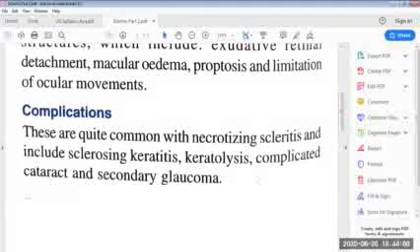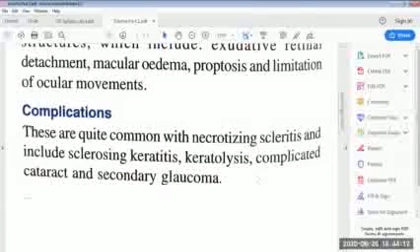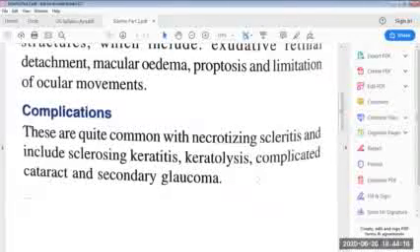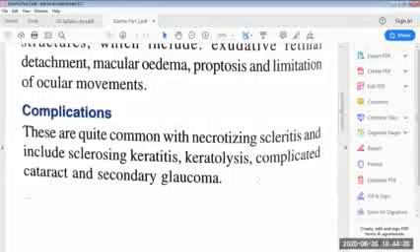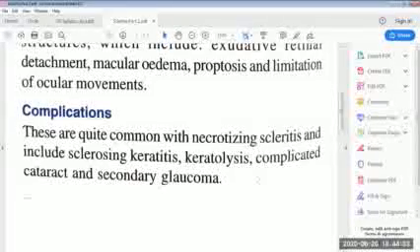So there can be sclerosing keratitis. What is keratitis? Keratitis is the inflammation of cornea. So there can be inflammation of cornea with calcification, which is inactive calcification. It means implication of the inflammation of cornea complicating scleritis.